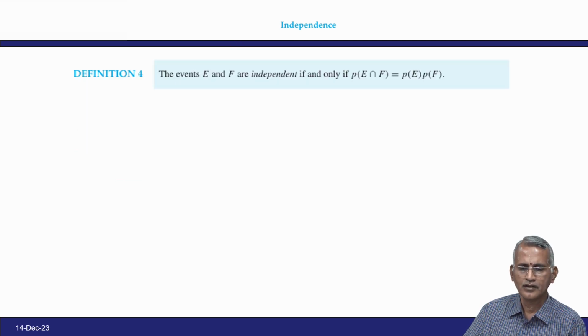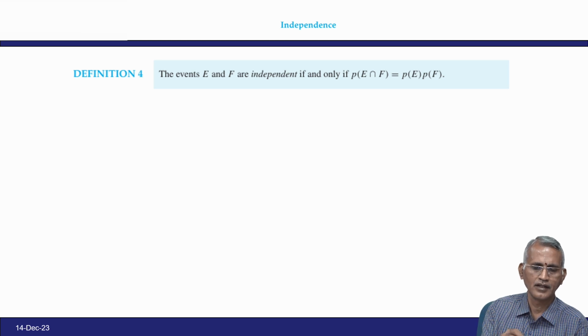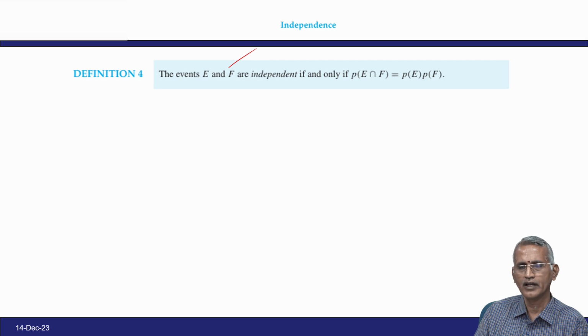The events E and F are independent if and only if probability of E intersection F equals probability of E times probability of F.